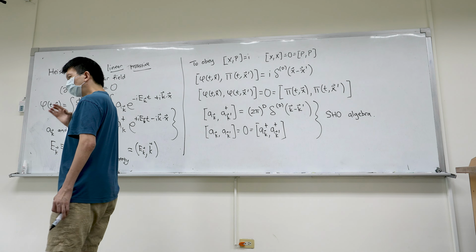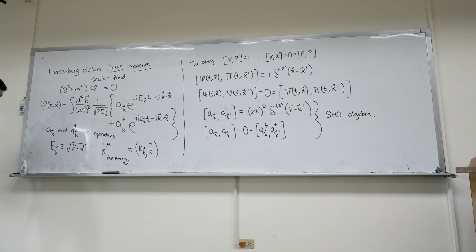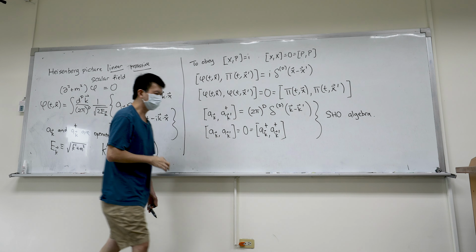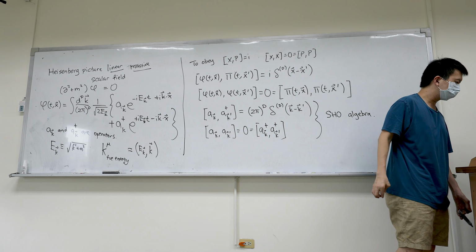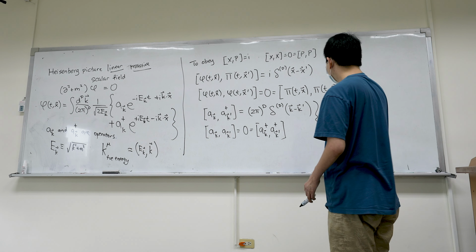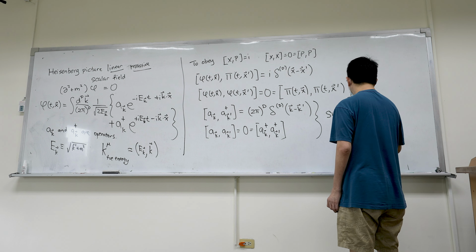But otherwise, if you focus on each k, and if you're familiar with the quantum mechanical simple harmonic oscillator, then the rest should go through. At various points, I will remind you of what the analog is in the harmonic oscillator case.